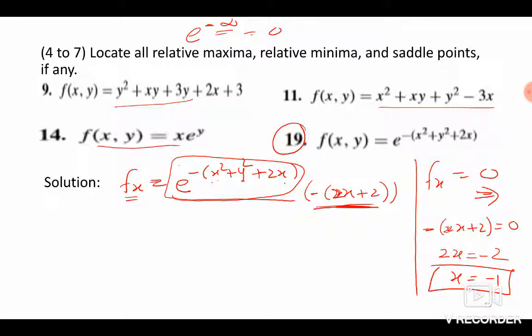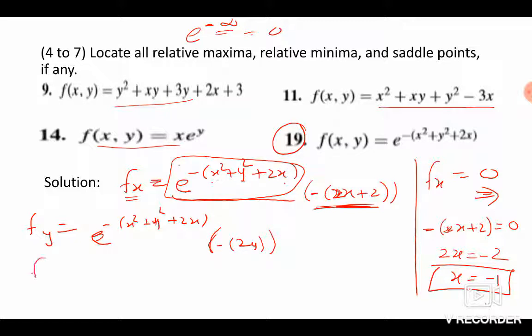We got it. And then we find fy. Differentiate f with respect to y. The same exponential e raised to minus (x square plus y square plus 2x), and then differentiate the power by y. Chain rule, isn't it? x square will be 0. This minus also, so minus 2y, and all other terms involving x will be 0.